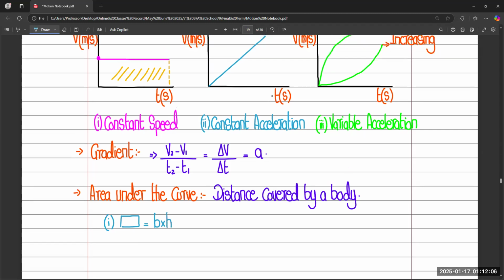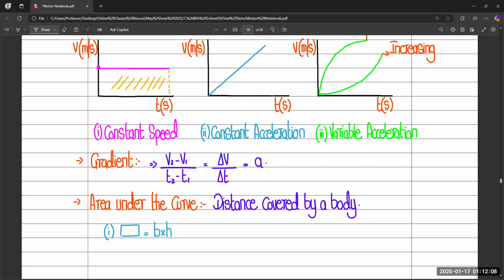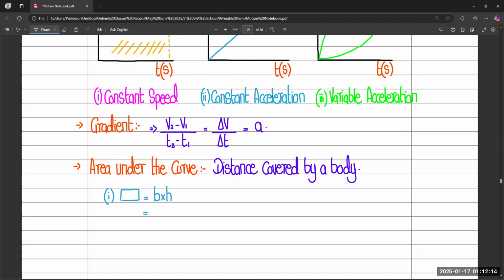So from the rectangle, you can see base is equal to time and height is equal to velocity. And this is equal to distance. You can write S or D for distance, right? So that's why the area under the curve is equal to the distance covered by the body.